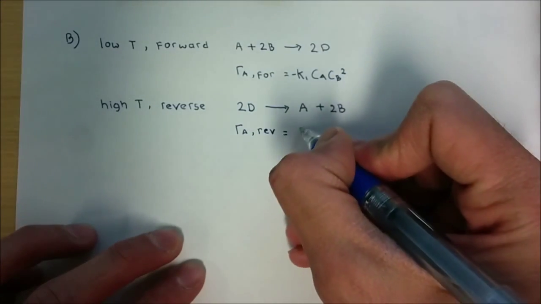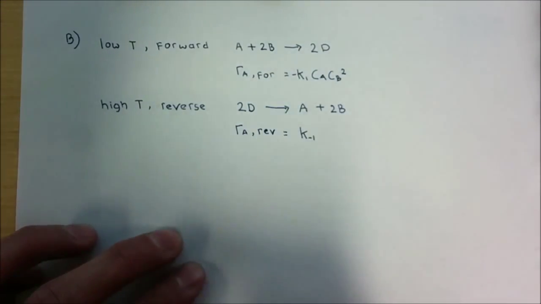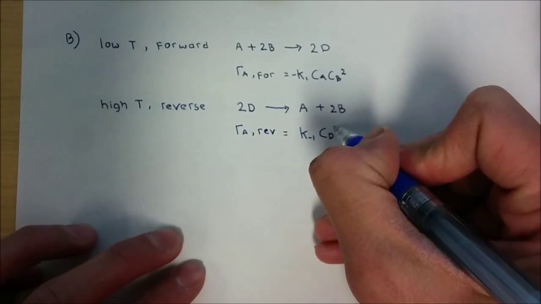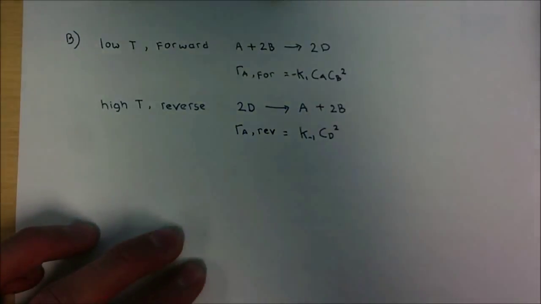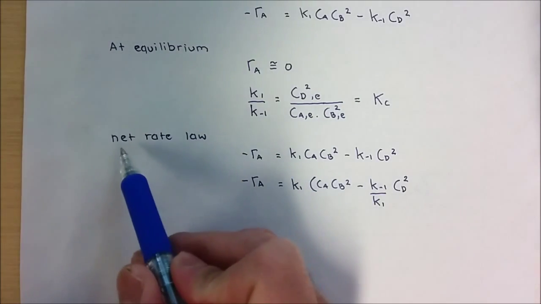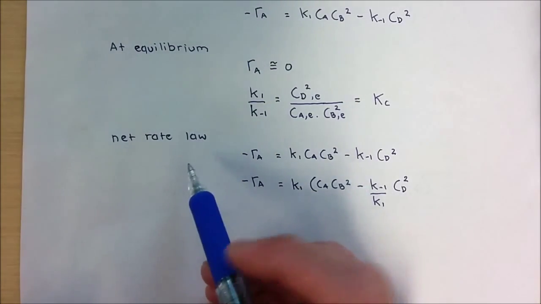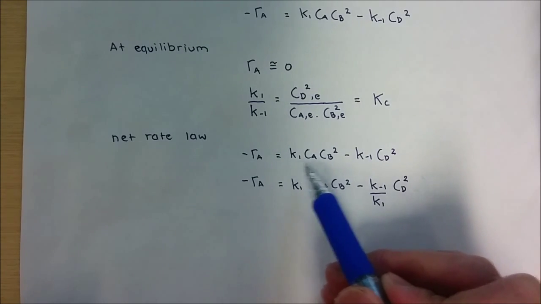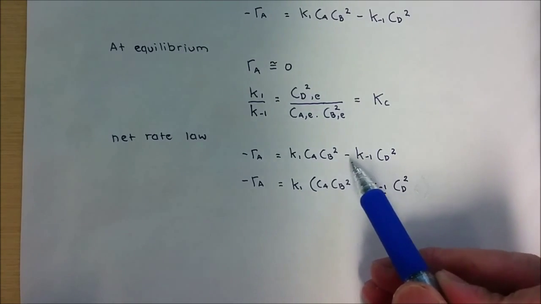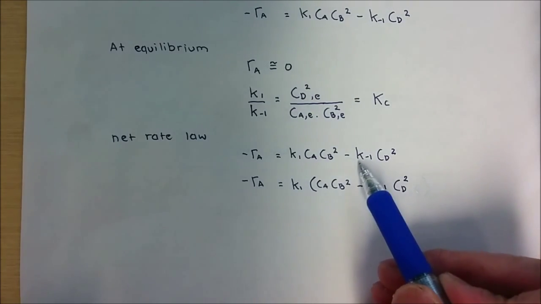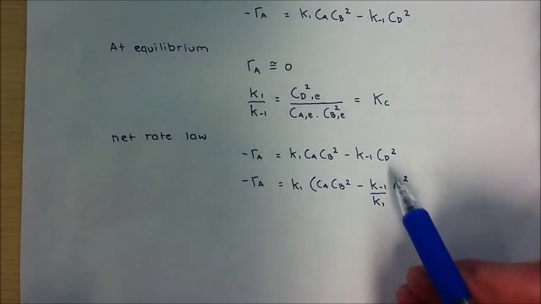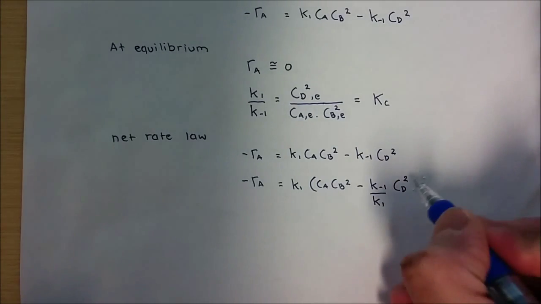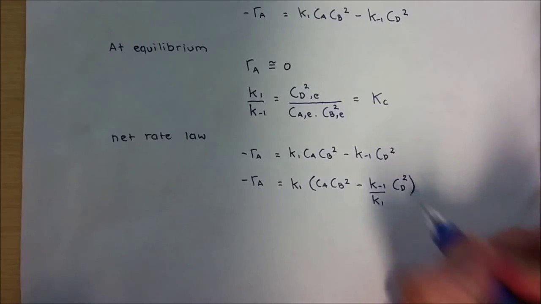It's going to be K minus 1 concentration of D to the power of 2. If we go back to the net rate law, we have negative RA equal to K1 CA CB to the power of 2 minus K minus 1 CD to the power of 2. And if we put K1 outside, we're going to have this form.